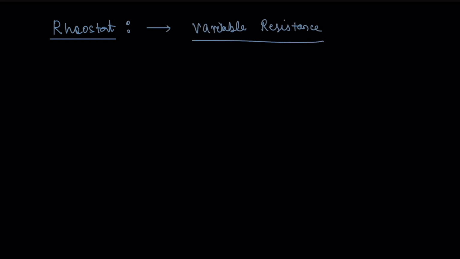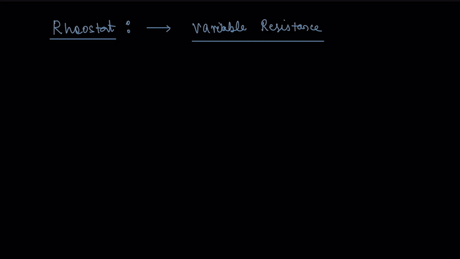Let's assume we are using a rheostat. What will happen? We know that a rheostat is a variable resistance. It means that the resistance value is not fixed, it varies.